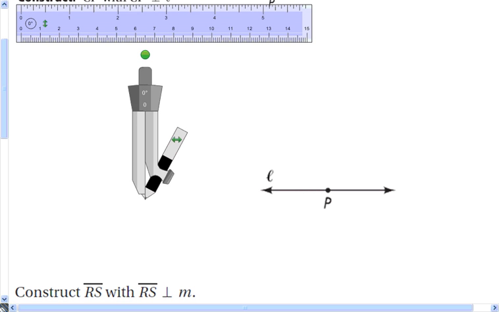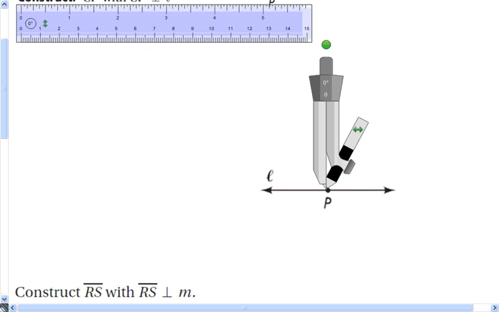So I want a line that's perpendicular to point P, perpendicular at point P to line L. To do that, one thing that we can use to help us figure this out is the fact that if you are on the perpendicular bisector of a segment, then every point on that perpendicular bisector is equidistant from the points on the line.